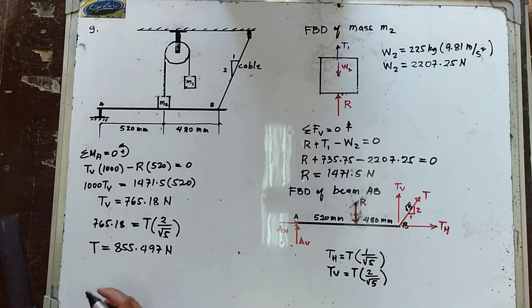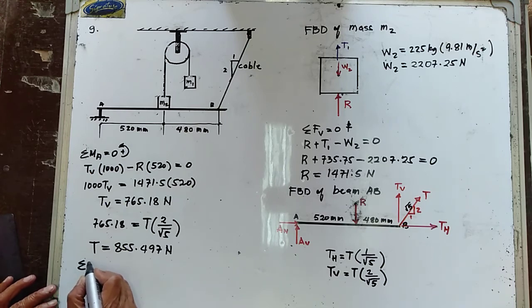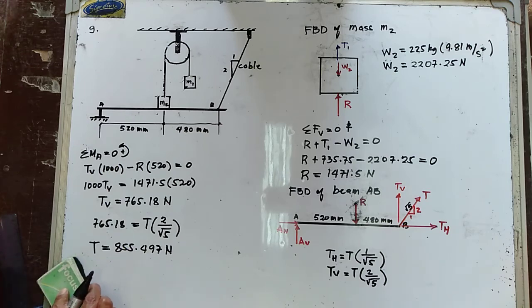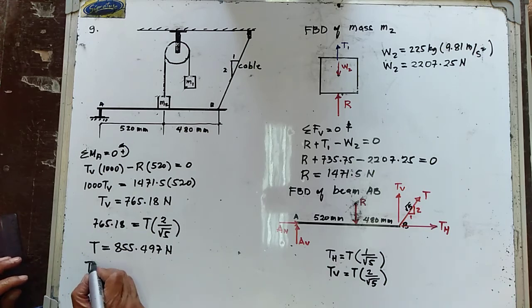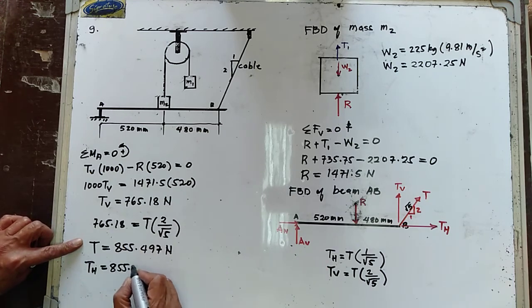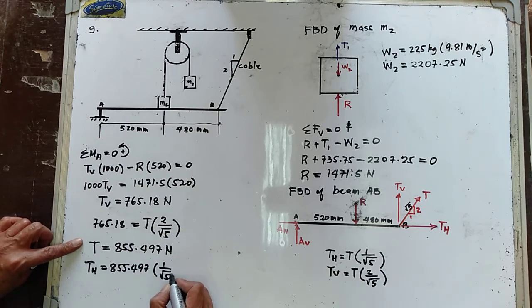Next, let us try to take summation of forces vertical. Okay, so I'm just going to get your TH in here. So the value of your T horizontal is now your T. T is 855.497 by 1 over the square root of 5.